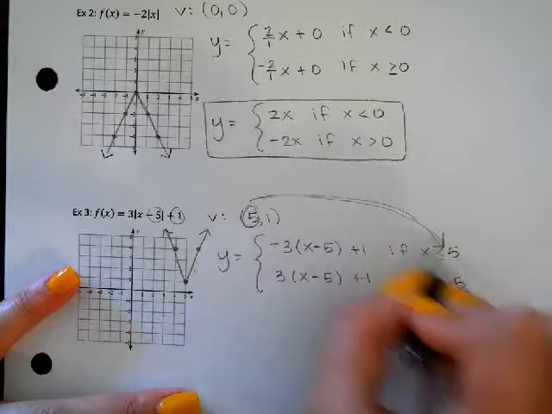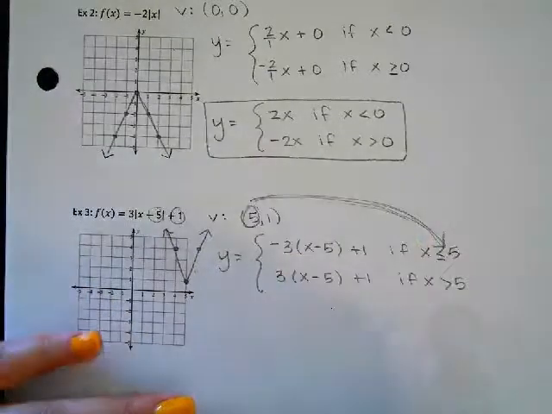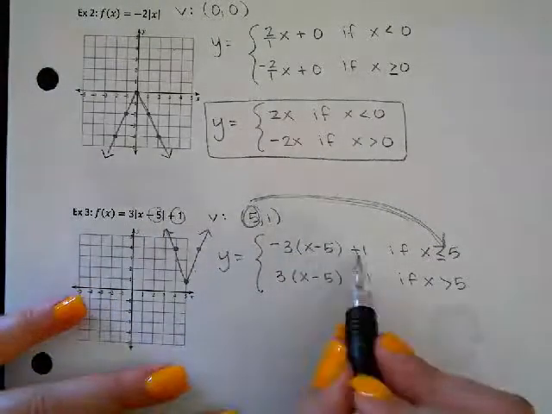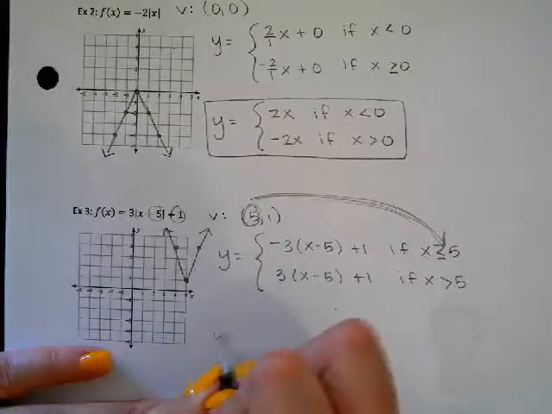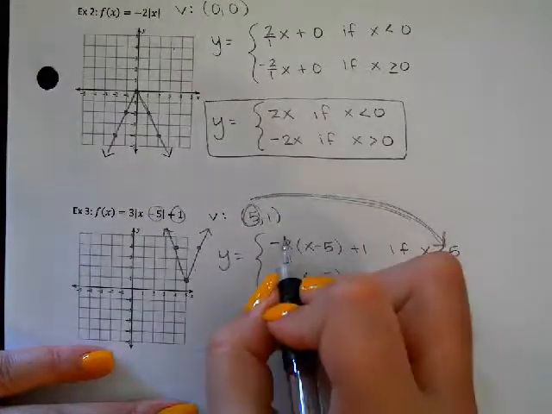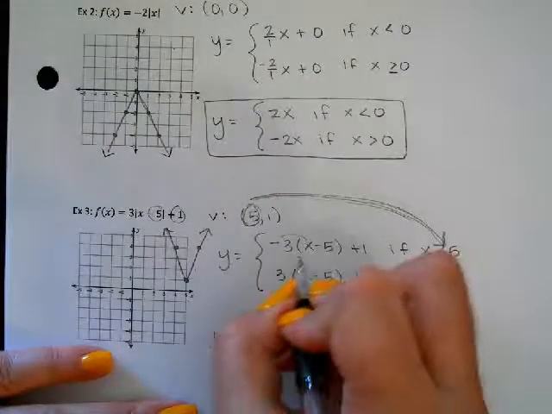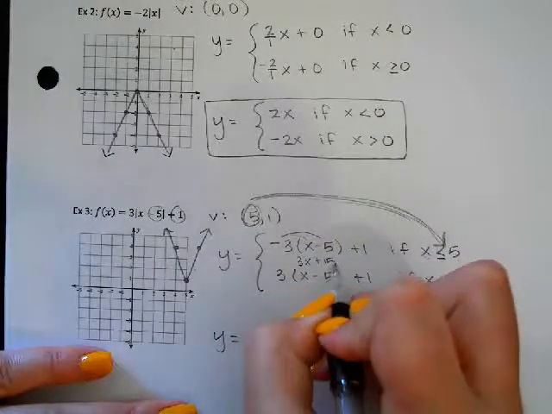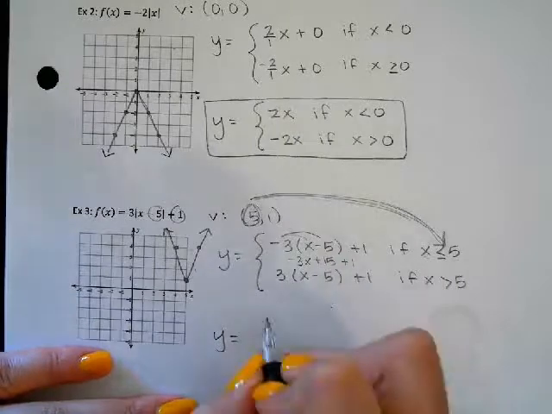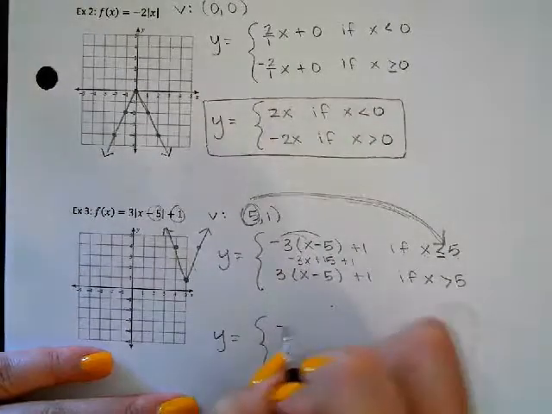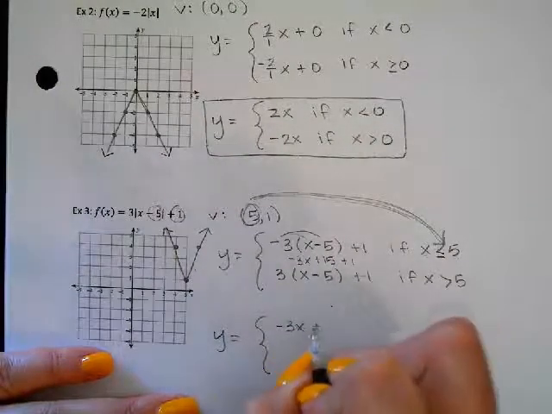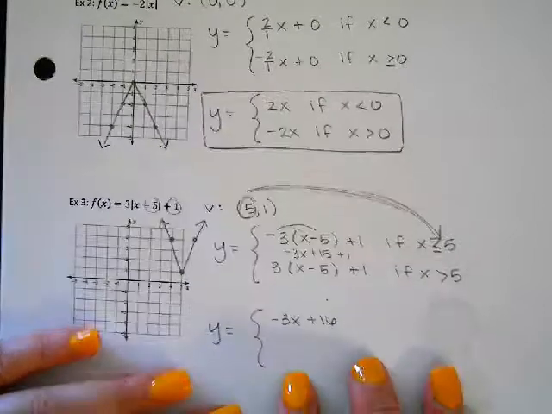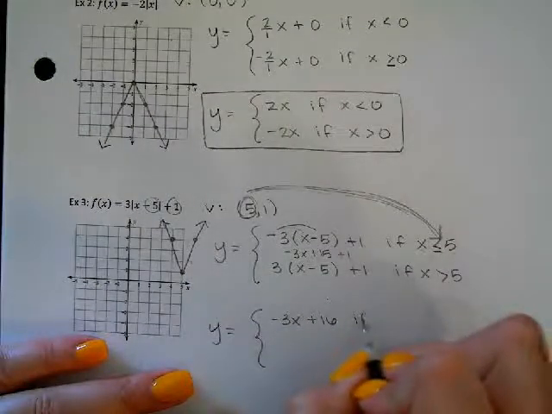Okay. And now I'm going to go ahead and clean this up a little bit. So I've got negative 3x plus 15 plus 1. Negative 3x plus 16 if x is less than or equal to 5.